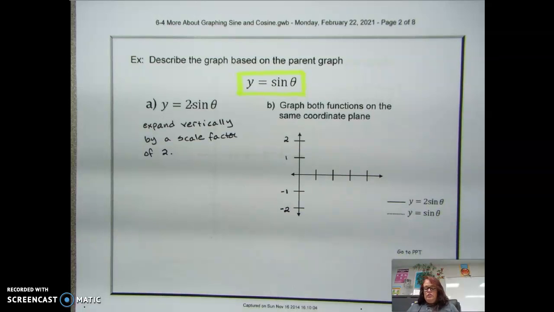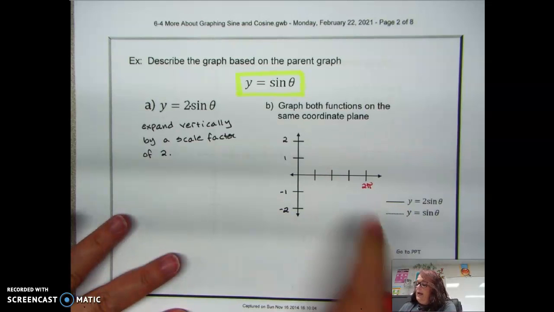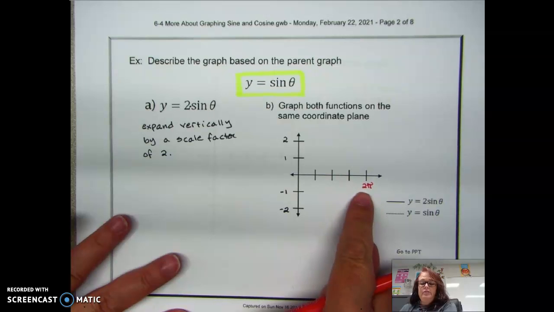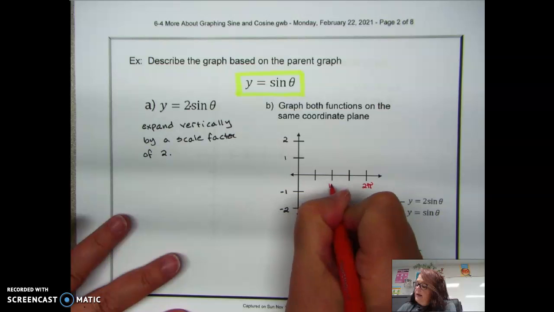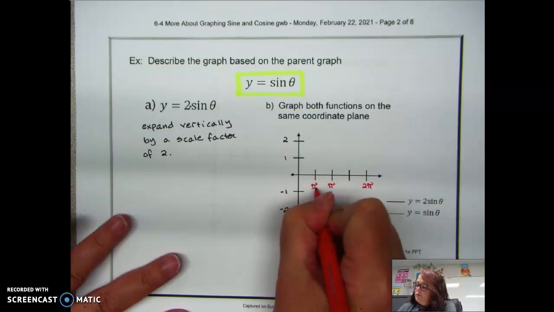Okay. So if we graph y is equal to sine of theta, there's a few things we need to remember. So one is that my period is 2 pi. And that we always break up our sine and cosines into 4 pieces. So half of 2 pi is 1 pi, and half of 1 pi is pi over 2.